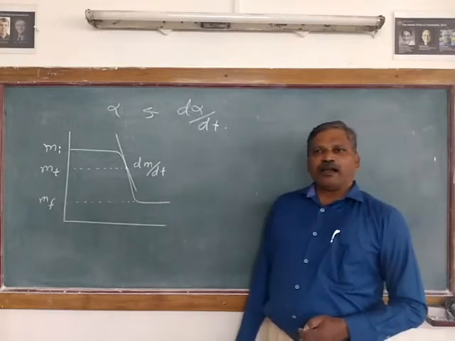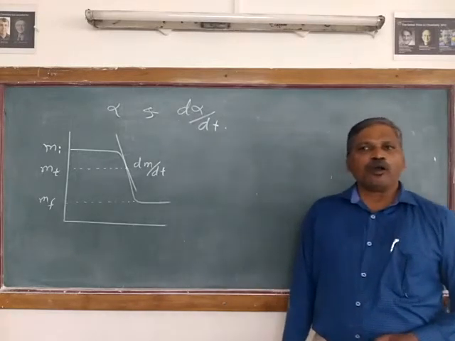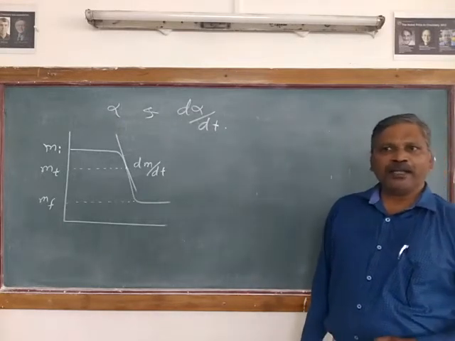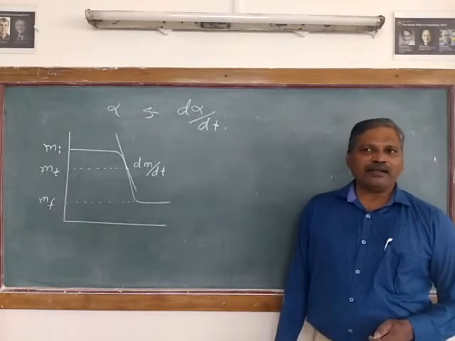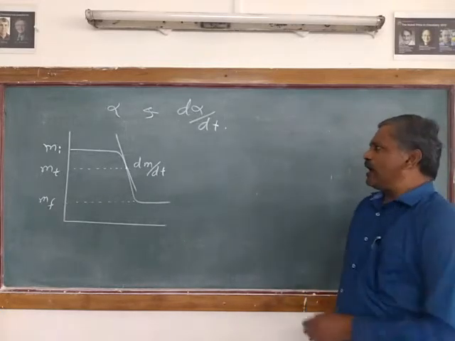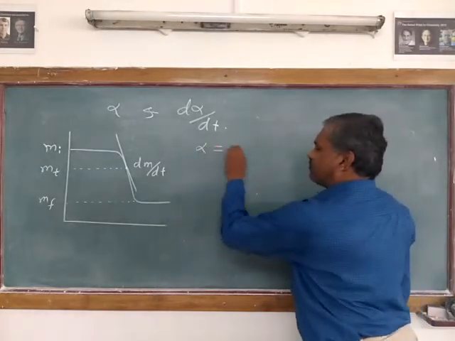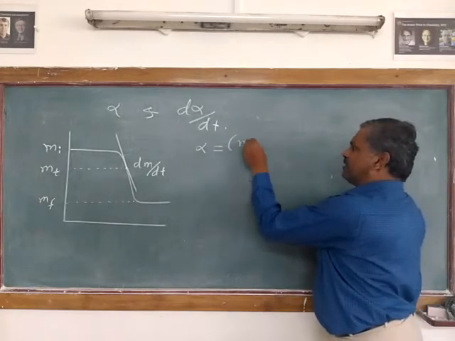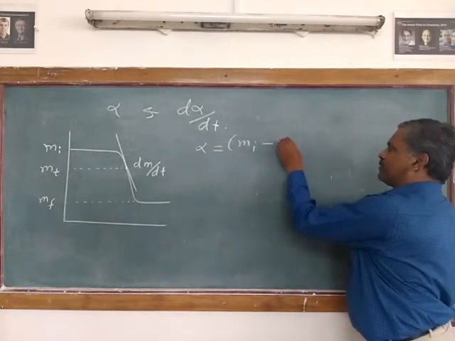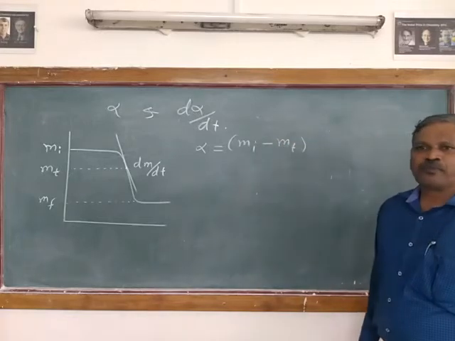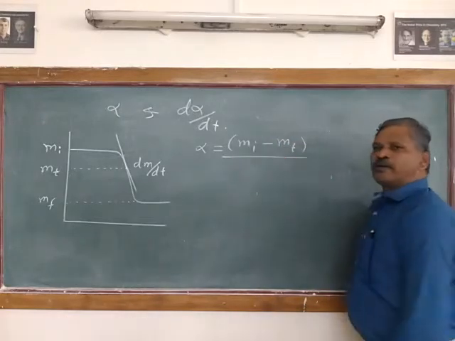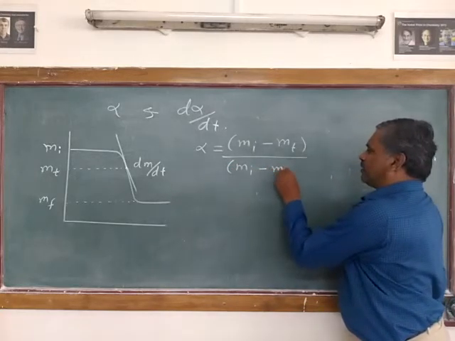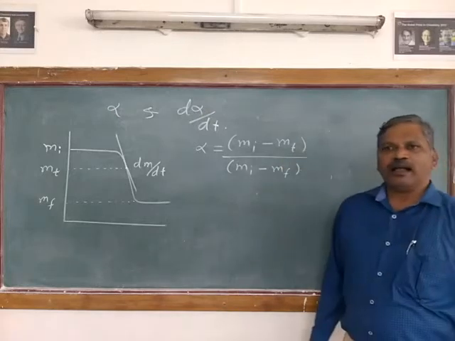So we may calculate alpha at a particular time or temperature from the measured masses mi, mt and mf. So alpha is given by the equation mi minus mt, that is initial mass minus mass at that particular temperature, divided by mi minus mf, where mf is the mass at the final stage.